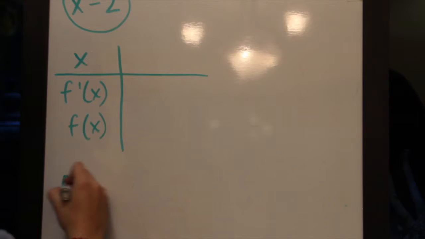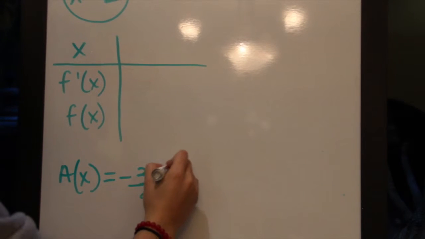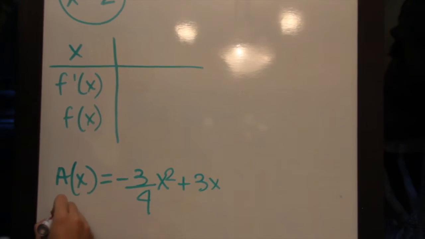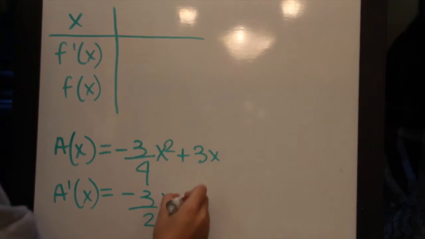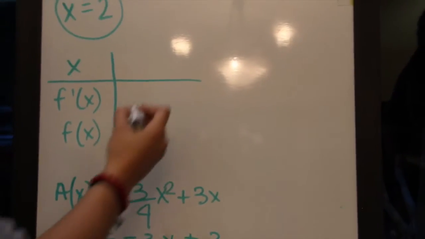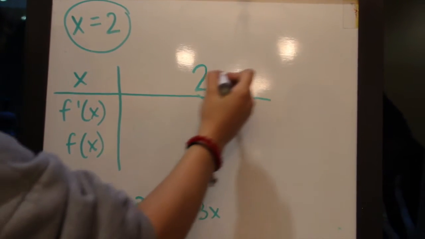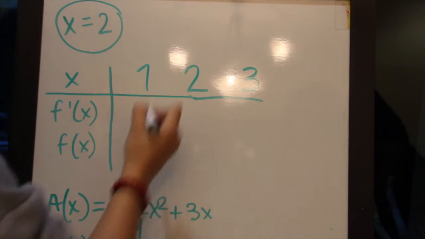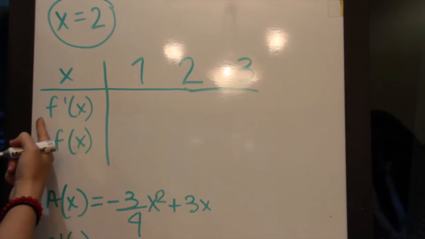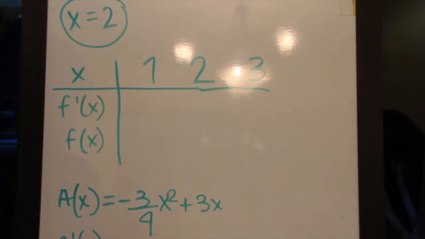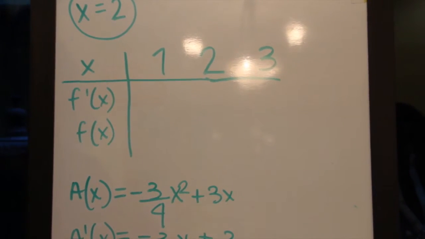Just for you to see, we're going to put the functions again, so you don't get lost. We've got our value, which is 2. We're going to put a number that's greater and a number that's less than 2 into our first derivative, and see if it's positive or negative, or 0.